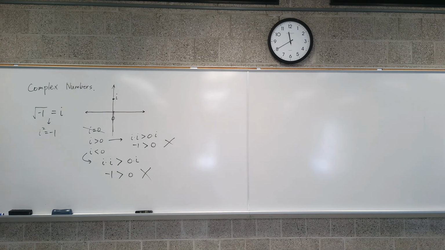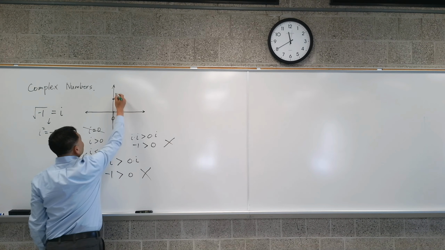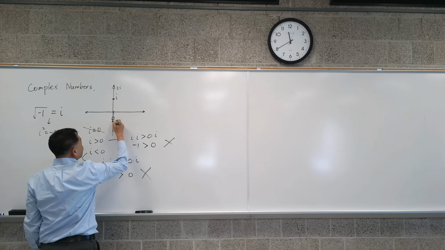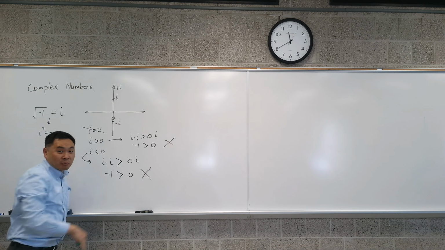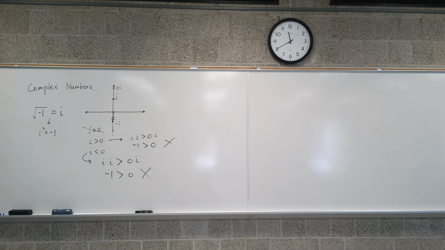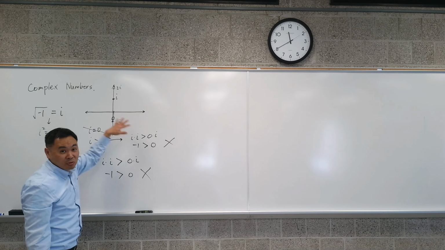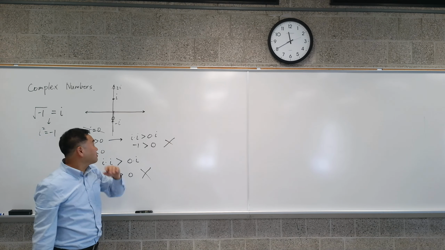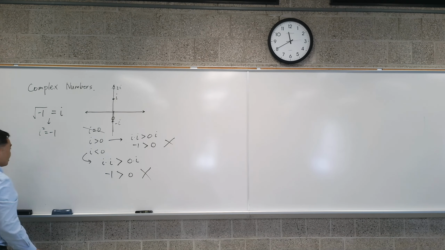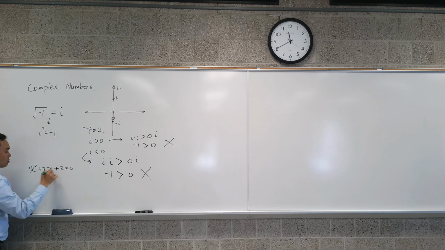And that's a nice idea because if i belongs here, then 2i should belong here, and -i should belong here. All the possible multiples of i are perpendicular to the real line. Furthermore, if you ever solve equations like x squared plus 2x plus 2 equals 0, the solution is not just a multiple of i, but it's -1 plus or minus i.